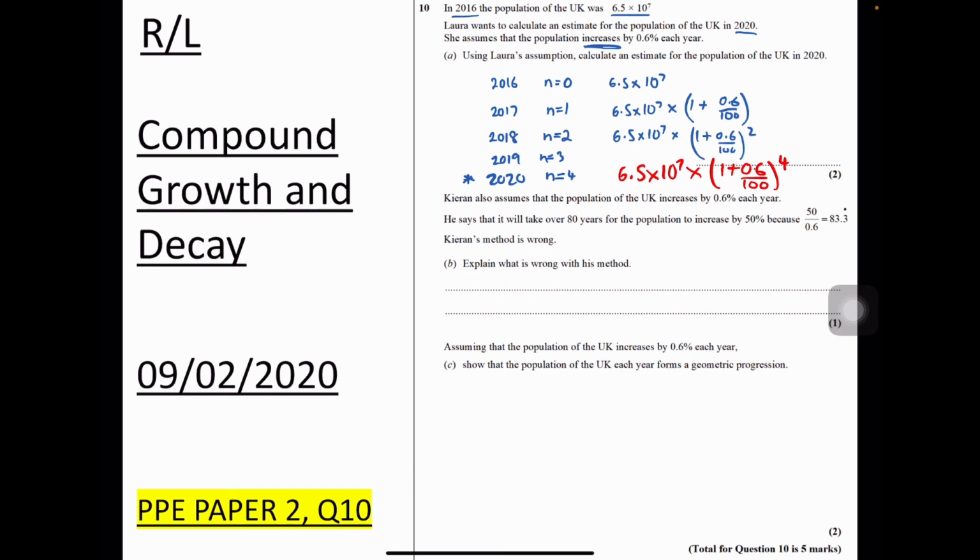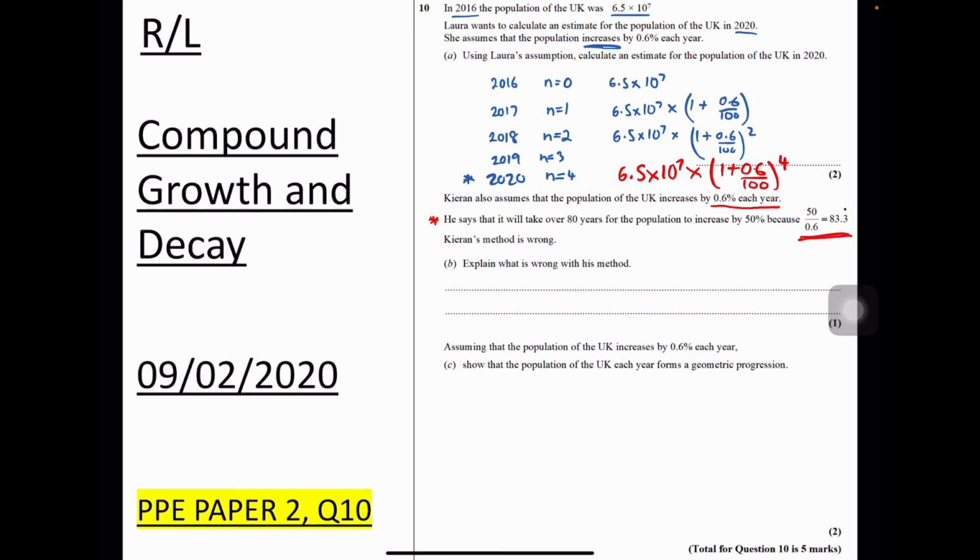Kieran also assumes that the population of the UK increases by 0.6% each year. So he's acknowledging that the population of the UK increases with compound growth. He then says it will take over 80 years for the population to increase by 50%, because 50 divided by 0.6 equals 83.3 recurring. So firstly, this calculation is correct.